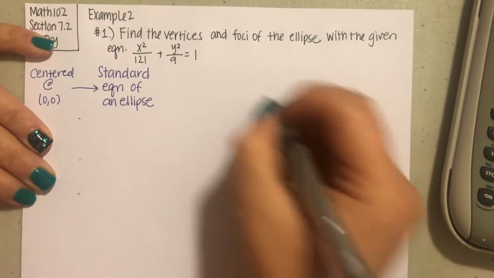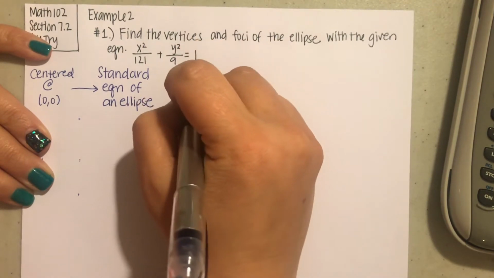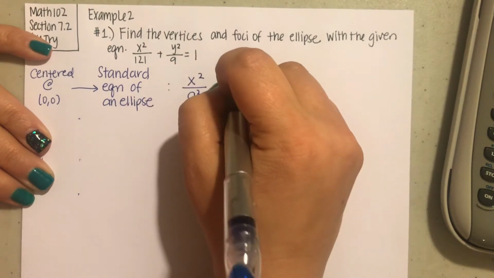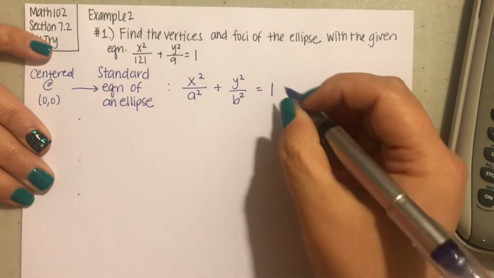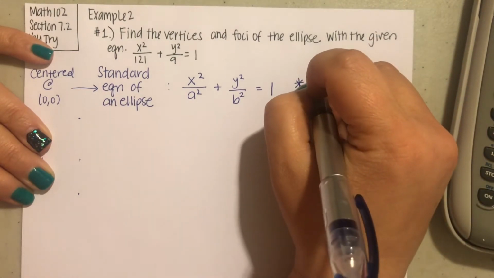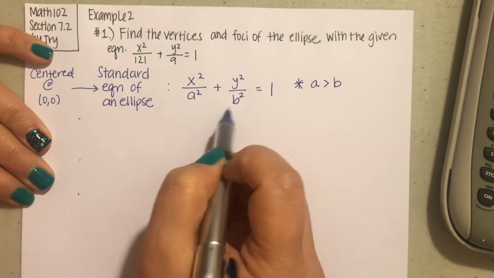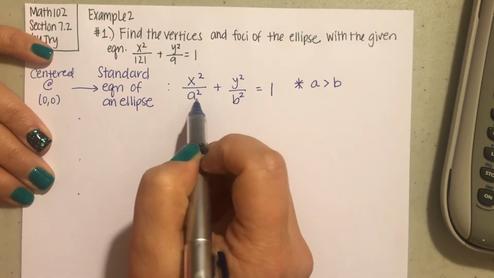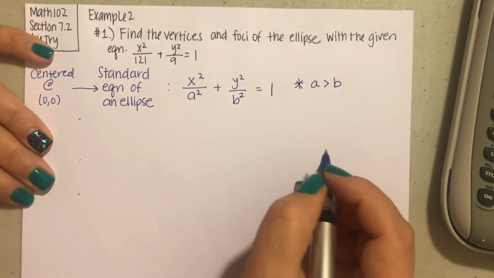You want to keep that in mind. That equation is going to be x squared over a squared plus y squared over b squared equal to 1. And one of the most important things we need to remember is that a is bigger than b. So I'll kind of use their locations interchangeably depending on which number is larger. That's what we want to focus on here.